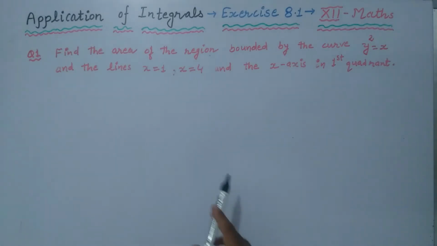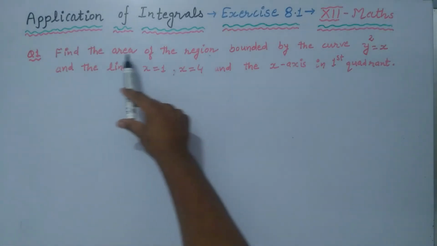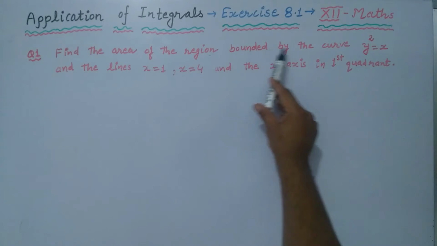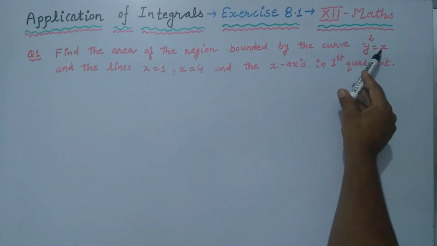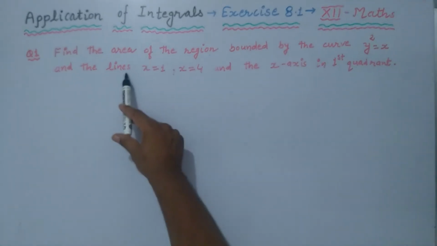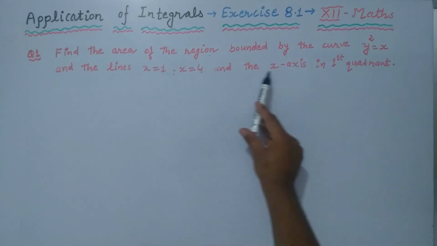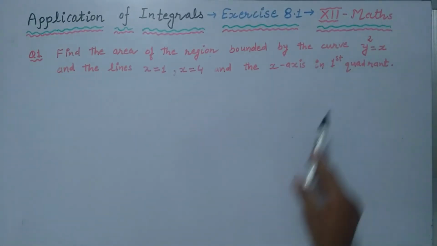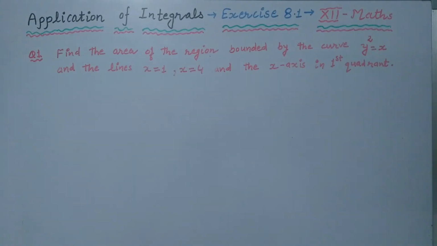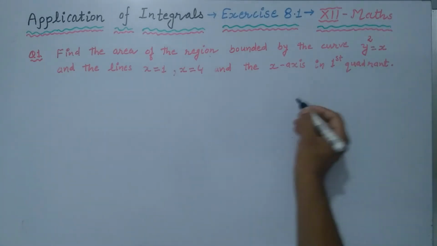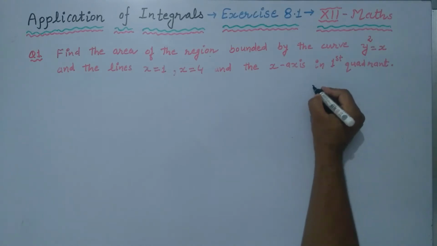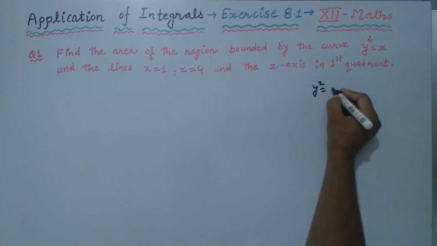The very first question of the exercise is: find the area of the region bounded by the curve y square is equal to x and the lines x is equal to 1, x is equal to 4 and the x-axis in the first quadrant. So first of all, we have y square is equal to x.